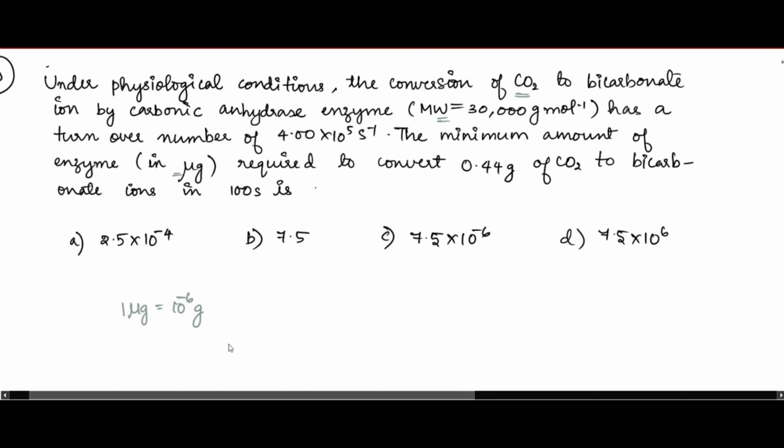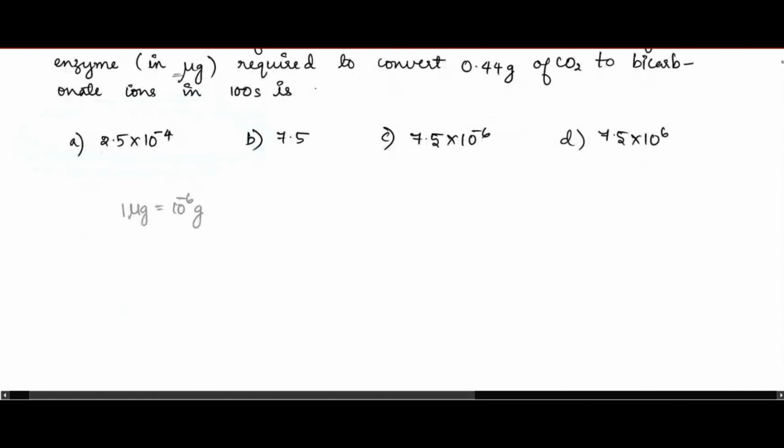Question ഒന്ന് വായിച്ചേ. കുറെ ഡേറ്റ തന്നിട്ടുണ്ട്. അപ്പോൾ this question is actually from this turnover number. Enzyme kinetics one of the physical parameter ആണ് turnover number. What is turnover number?